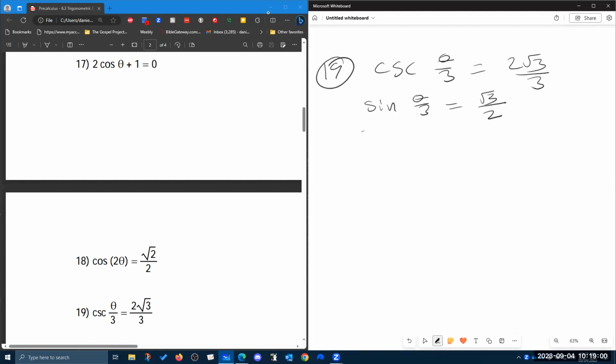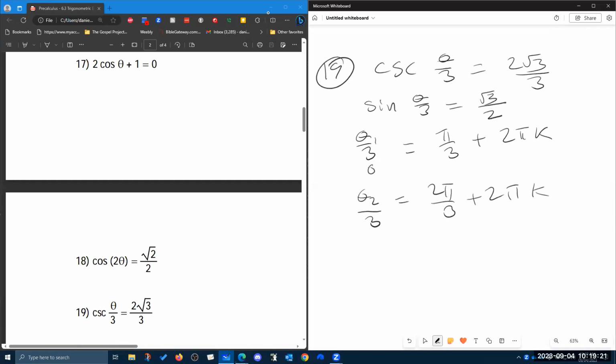So theta over 3 is equal to pi over 3 plus 2pi k, or 2pi over 3 plus 2pi k.